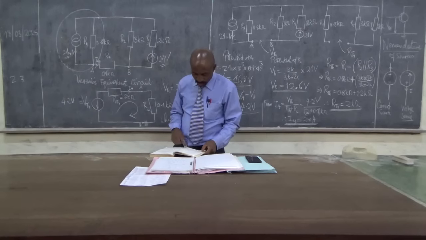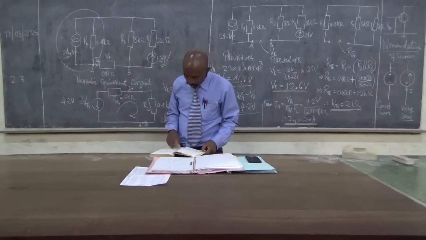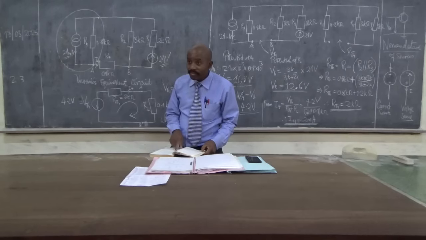The current source is the short circuit current in the output terminals, while the resistance RS is the same as that of the Thevenin's. Okay, so since it is possible to represent any network by either the Thevenin's or Norton's equivalent, it must be possible to convert from the equivalent circuit to the other.